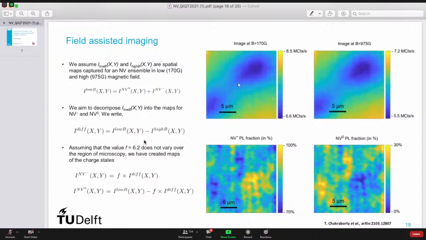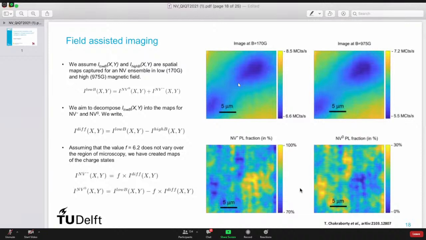So we use the value of f, which is 6.2, which we obtained from the earlier analysis here, and then calculate the mapping image. We do this operation pixel by pixel and then construct the images INV minus and INV0, which are basically the mapping images for NV0 and NV minus centers. Now here we are assuming that f equal to 6.2 doesn't change over the sample.